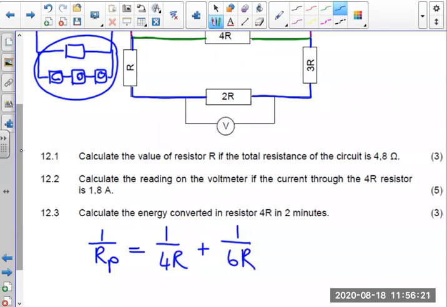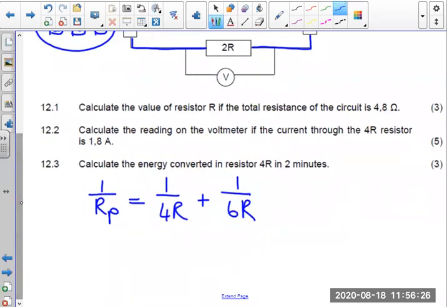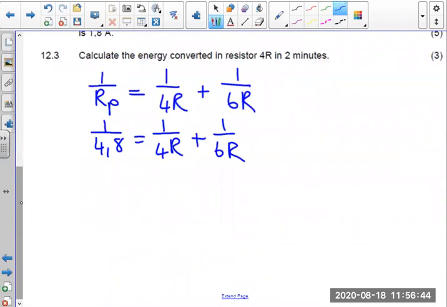And now we just have to solve for R, but they say the total resistance in the circuit is 4.8. So I'm going to substitute in 1 over 4.8 equals 1 over 4R plus 1 over 6R. So now I'm going to work this out with my calculator, and you will see that you're going to get an answer, because we get an LCM for this.